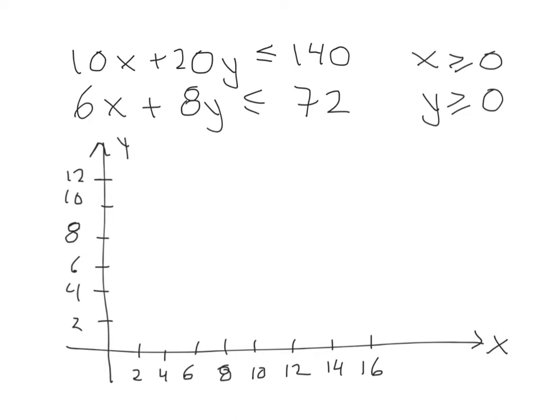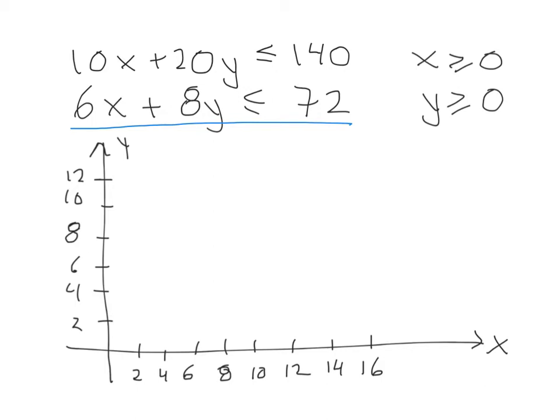So we're looking for x-intercepts and y-intercepts. Again, let's imagine that we set this as an equality: 6x plus 8y equals 72. Then we can look for the x and y intercepts.